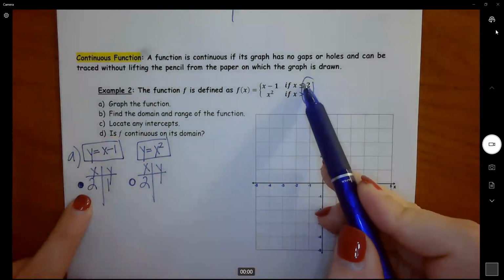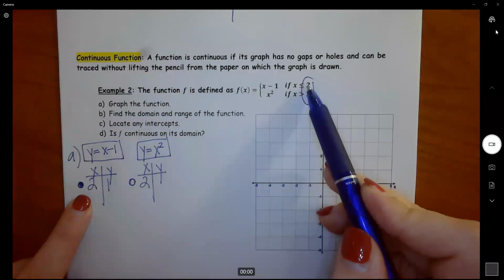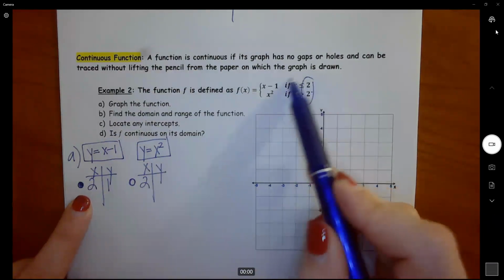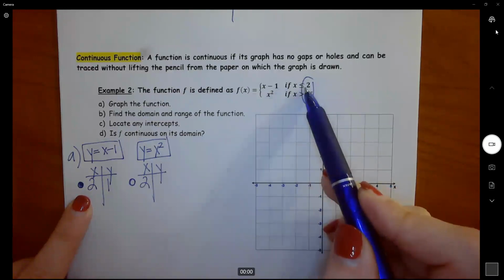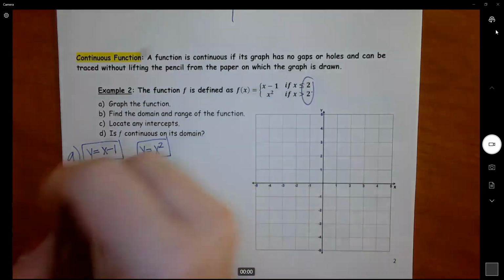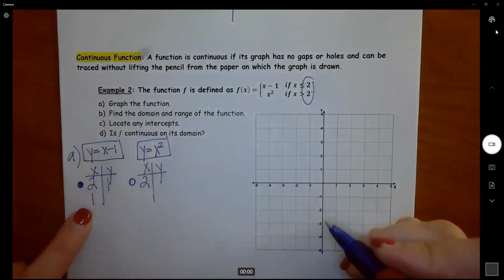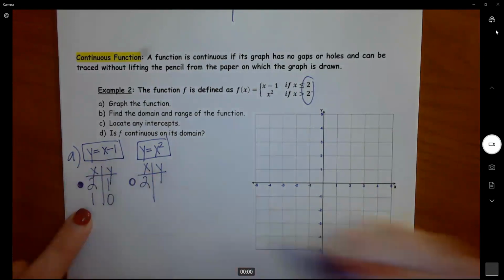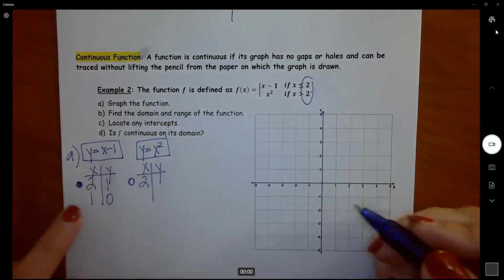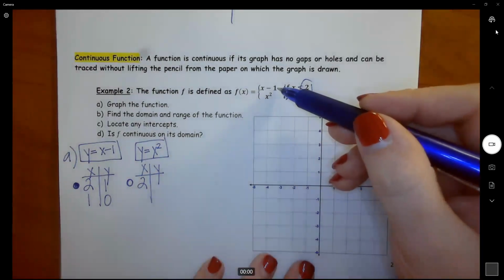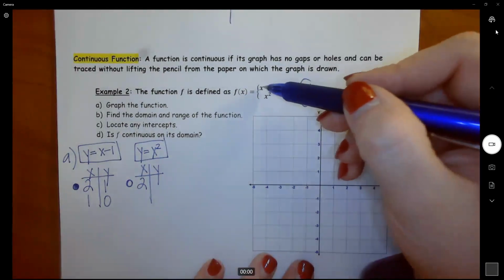And it says here when x is less than or equal to 2, so I need to find another point in this domain, in this group of numbers. So a number that is less than or equal to 2 would be 1. And so let's plug in 1. You've got 1 minus 1, which is going to be 0. So I can go ahead and graph this one. And we know from this right here that this should be a linear function. This is your y equals mx plus b.